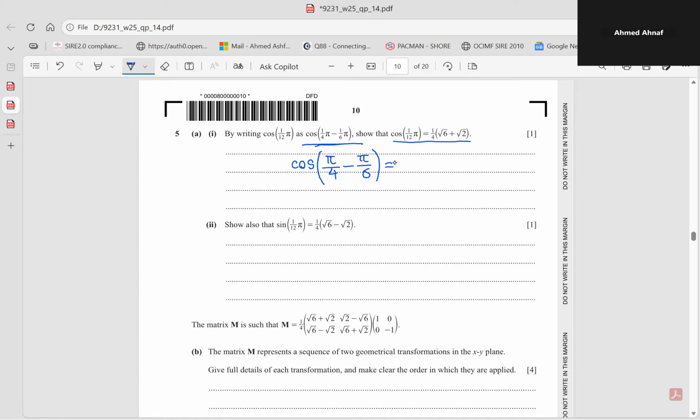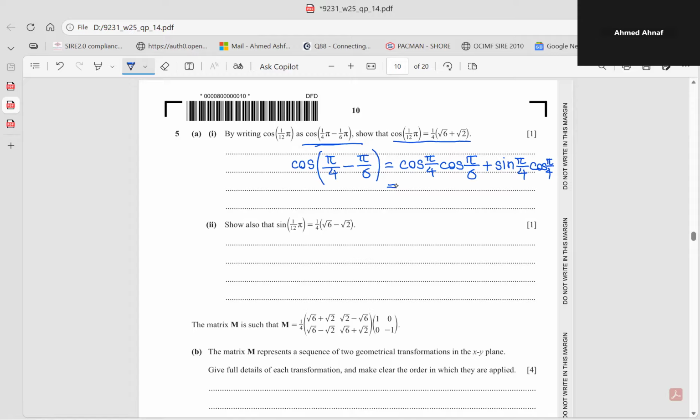I think it's cos pi over 4 times cos pi over 6. If you don't have it memorized, you can just check your MF19, plus sine pi over 4 times sine pi over 4.